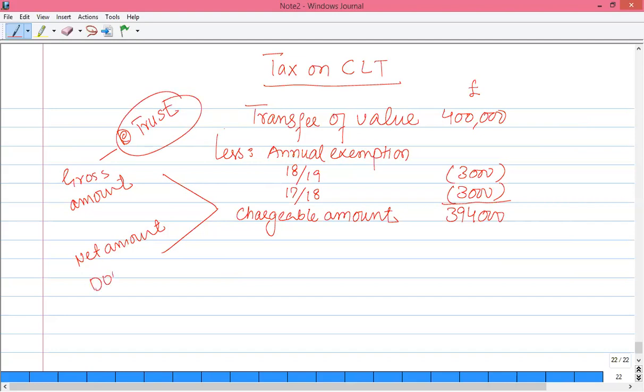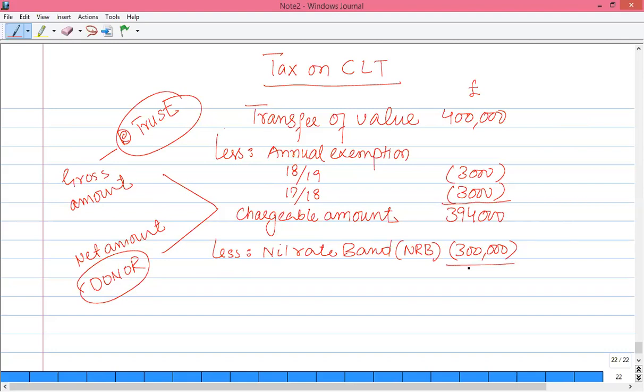If donor is paying tax, then it's a net amount. Now, from this chargeable amount, we have to deduct nil rate band, that is NRB, and that NRB will be available in the question, assuming the NRB for this tax year is 300,000, so the leftover amount is 94,000.